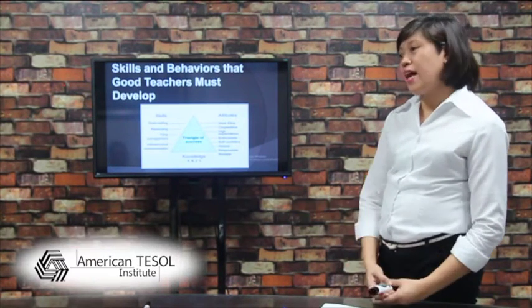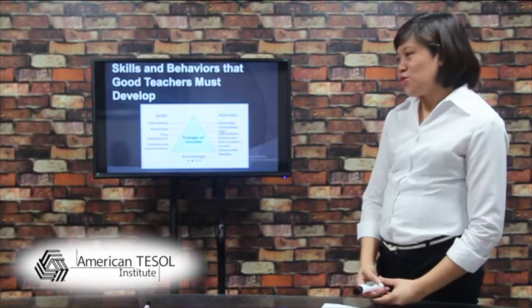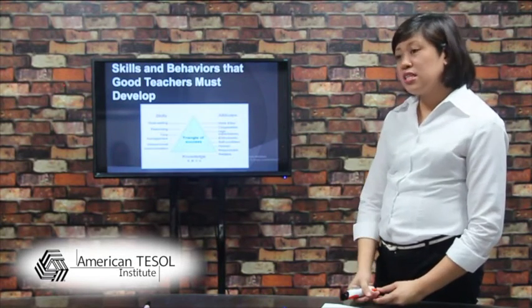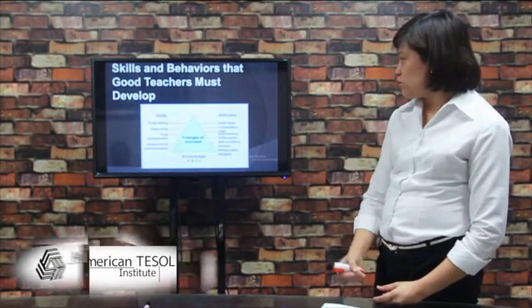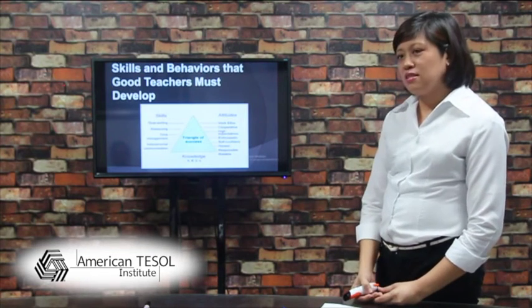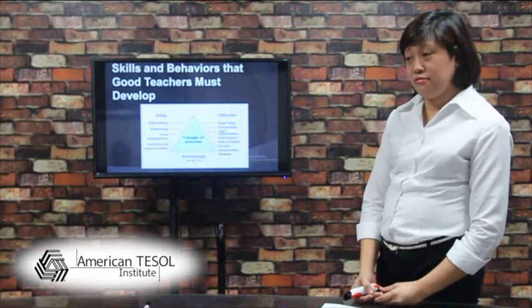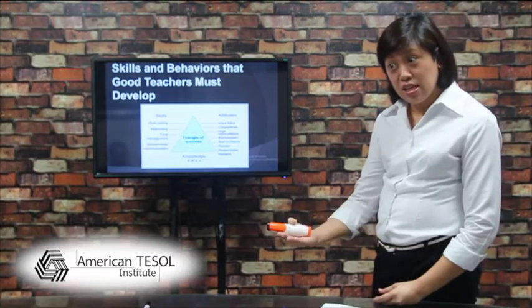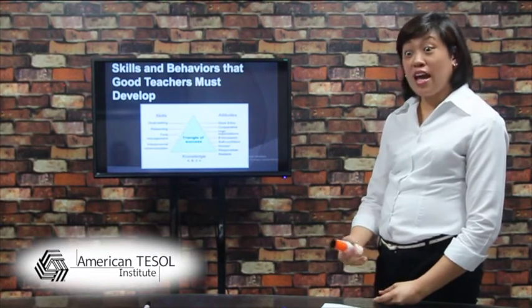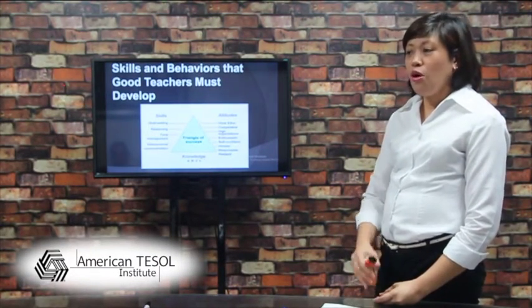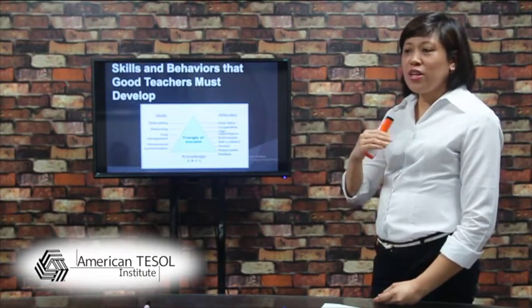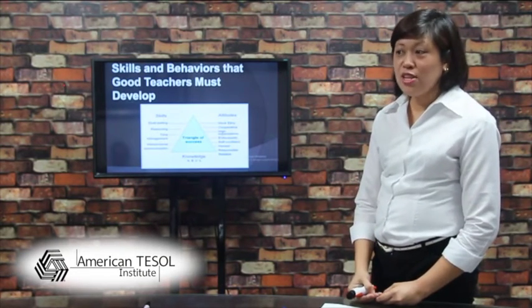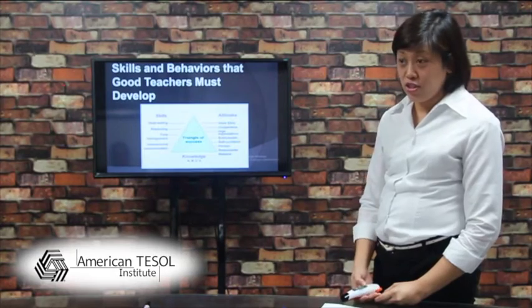So assess yourselves. What elements here do you still need to improve on? Do you still need improvements on your knowledge about the subject, your teaching skills, or your attitude? So focus on what you can improve, okay, so you can become an effective teacher.